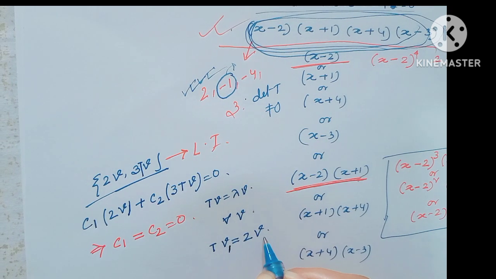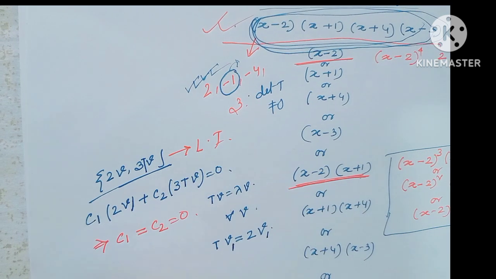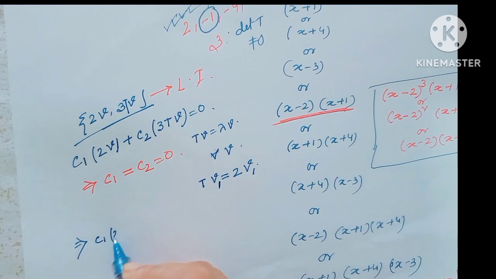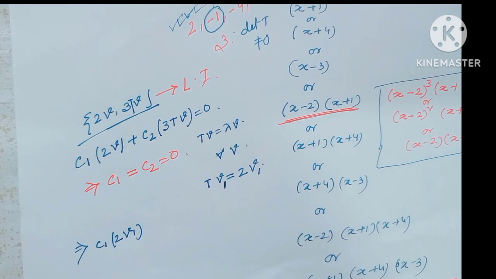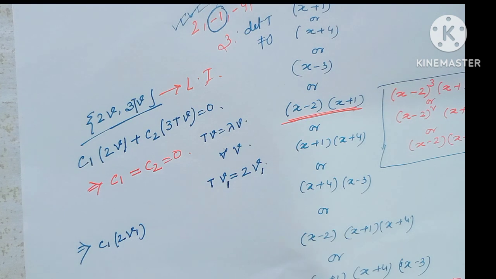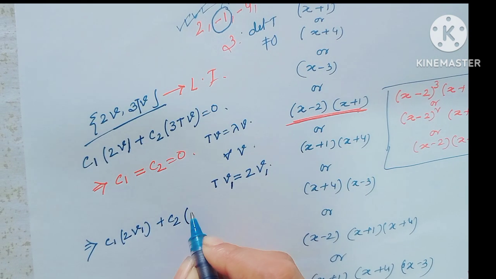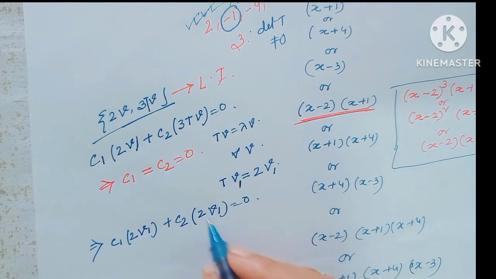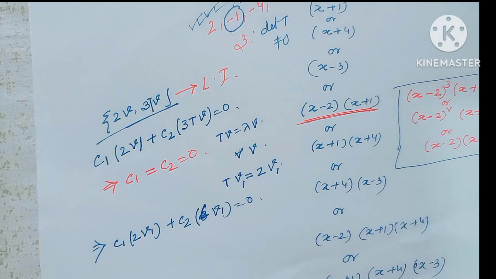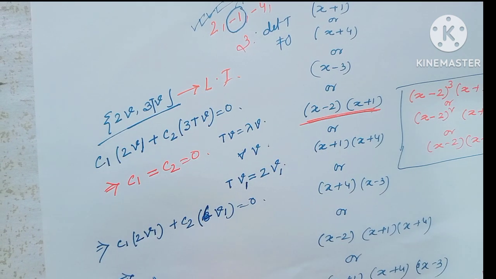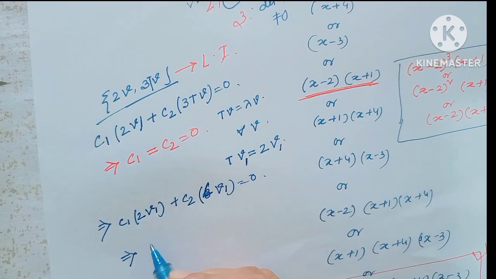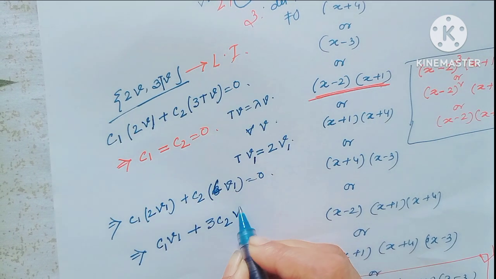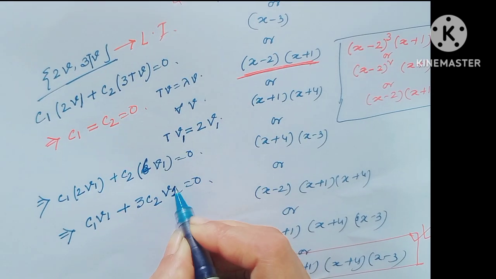Consider this eigenvector, restrict to one eigenvector with Tv1 equal to 2v1. Then put the value: c1 times 2v1, because here I have restricted v1 to the eigenvalue, plus c2 times 3 times 2v1 equal to 0. Here this gives c1 v1 plus 3c2 v1 equal to 0.